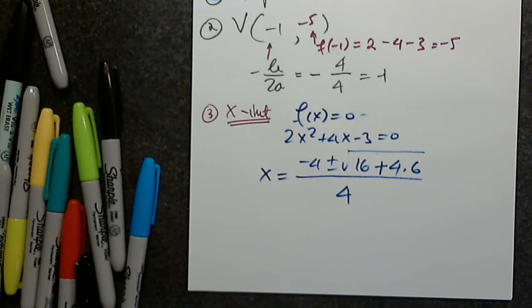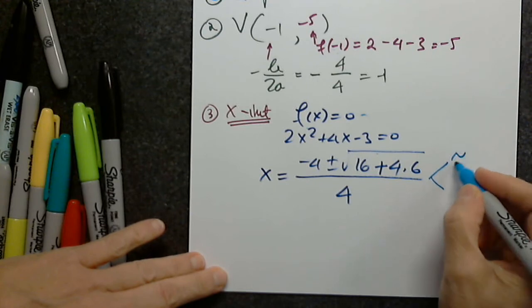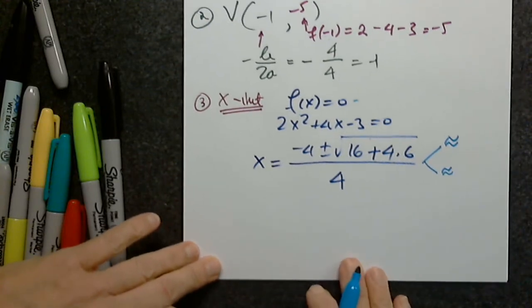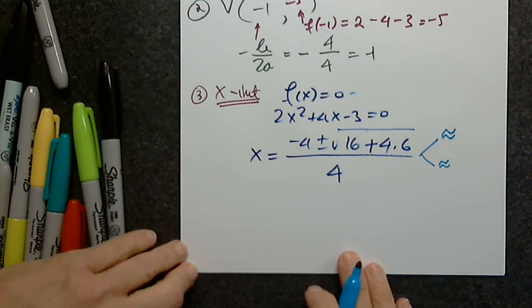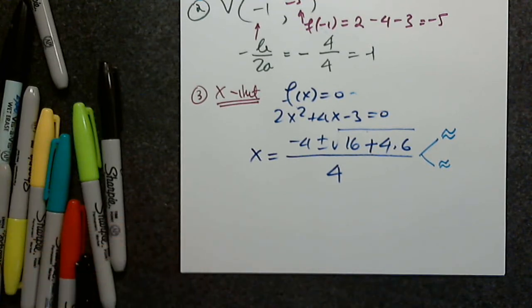Perfect. However, I was going to say, you're completely correct. However, because I have to plot, and I don't know what that square root will do, right? And I don't know exactly what the numbers are, I'm going to just approximate those two. So let's go to the graphing calculator and put parentheses around the numerator, negative 4 plus the square root.